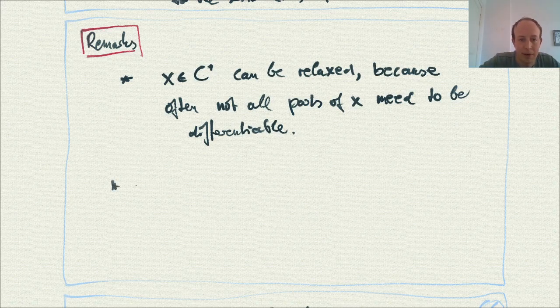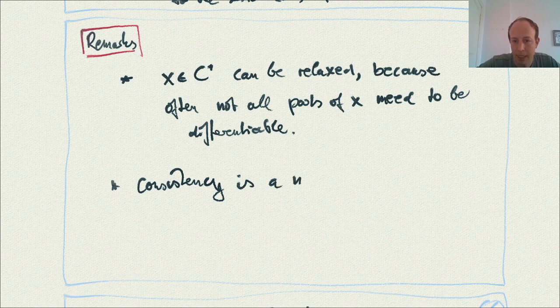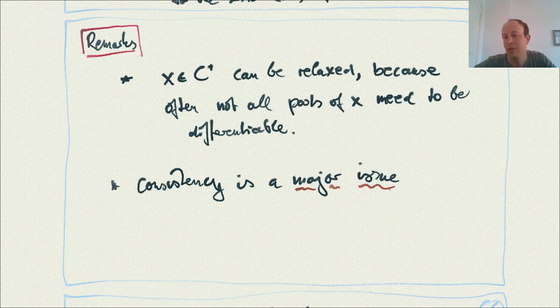And then consistency is a major issue, and this will pop up over and over in this lecture. We will have many examples of that, and that's specific to DAEs, and it's also a very important thing.